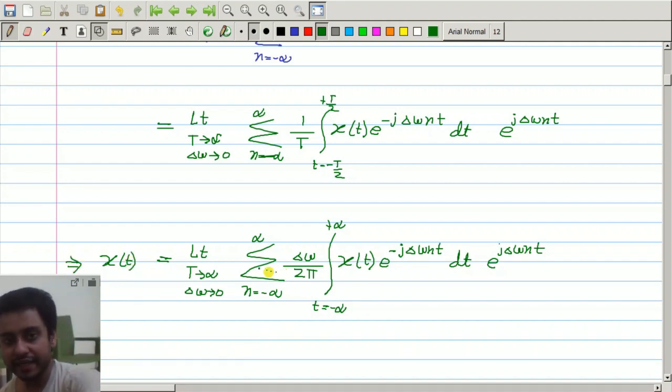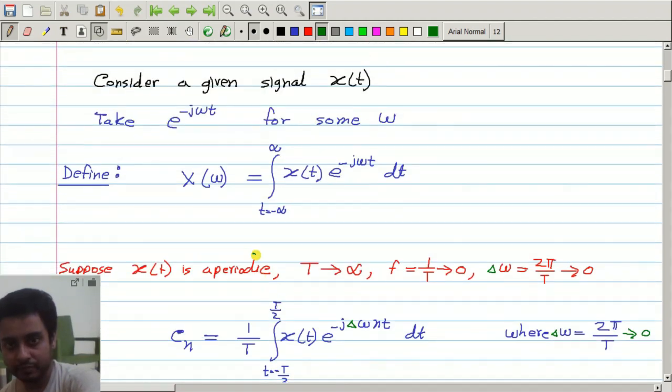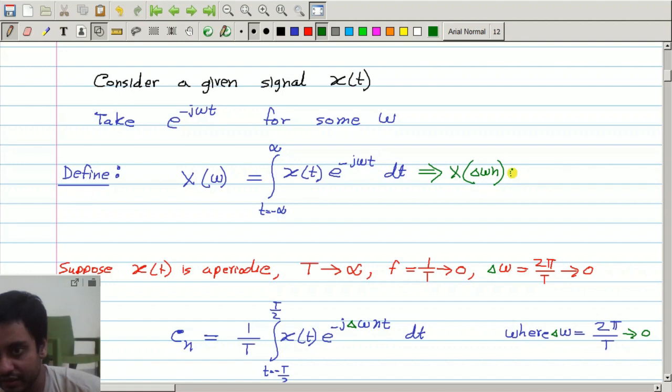Now let us go back a bit and look at the definition of capital X of omega that we have defined. From this, if you put in place of omega delta omega n in the left hand side, then you have to also put in place of omega delta omega n in the right hand side, like this.